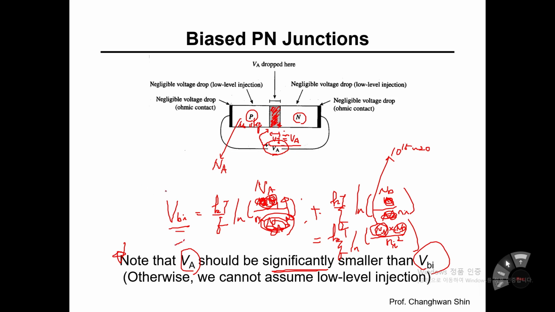So suppose that the p side is doped with acceptors, say 10 to the 16 per cubic centimeter, and the n side N_D is also 10 to the 16. And then the built-in potential is, you remember the 60 millivolts rule that I taught in the last class. So take a 6 and the 60 millivolts, then 0.36 electron volt.